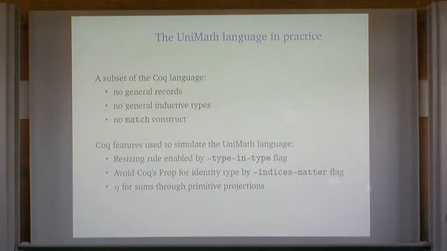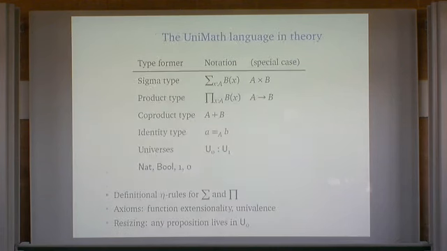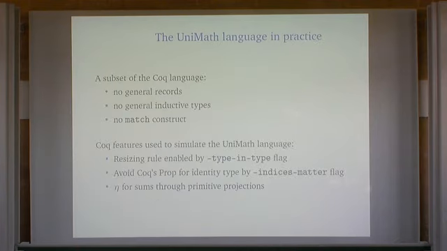If I go back to the theory language, then of course my sigma types, coproduct types, identity types, they are implemented as particular inductive types. But beyond these, we don't use inductive types.